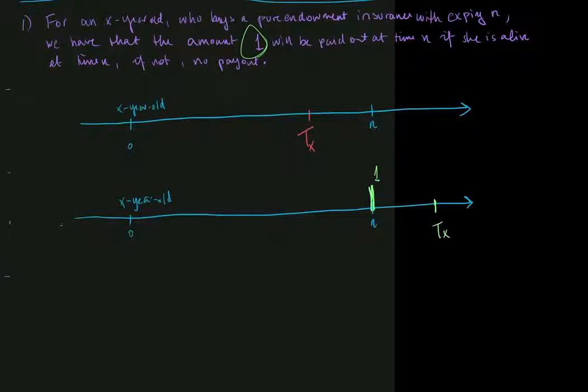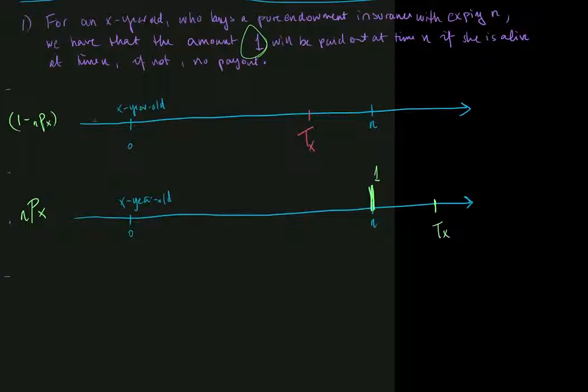Now, what is the probability of scenario 2 down here? Well, the probability of an X-year-old surviving past the next N years is exactly the conditional survival probability, right? So what we have down here is that the amount 1 will be paid out in N years' time with the probability NPX, and with the probability 1 minus NPX, nothing will be paid out. So this is one part of it.